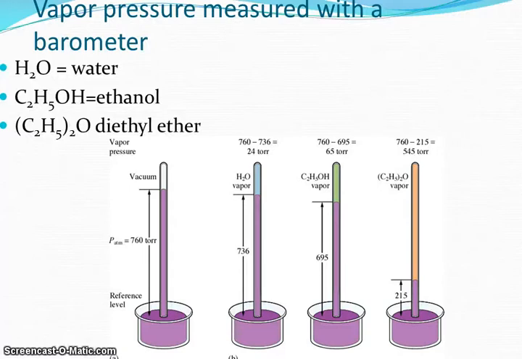Notice that water has a vapor pressure of 24 torr, ethanol has a vapor pressure of 65 torr, and diethyl ether has a vapor pressure of 545 torr. The reason is that water has higher intermolecular forces than ethanol or diethyl ether, so not as much of that liquid is going to become a vapor.